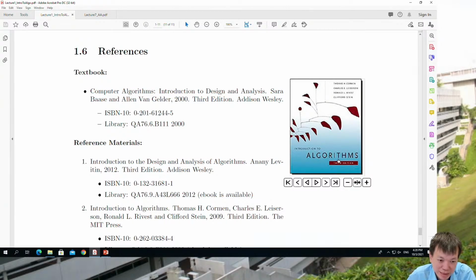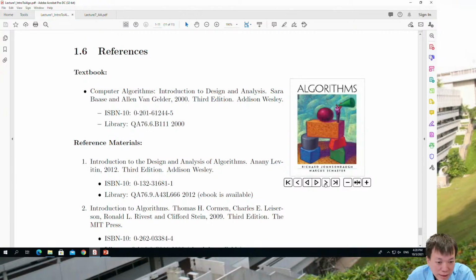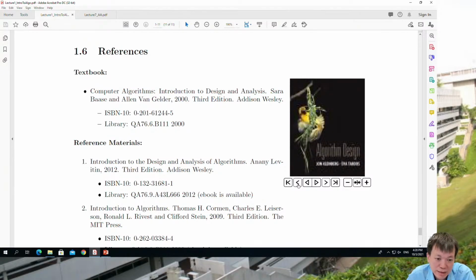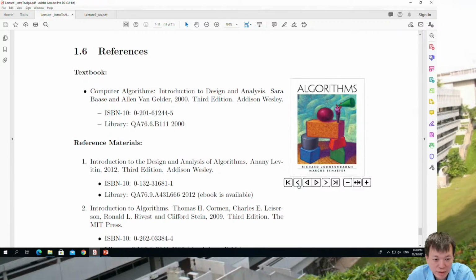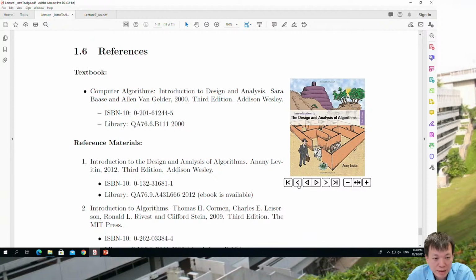It introduces all the basic, conventional, standard, typical algorithms inside its 600-700 pages. This is one, and another one. The rest are also not too bad, you can try to read them. This one, Introduction to the Design and Analysis of Algorithm, is also a good textbook.